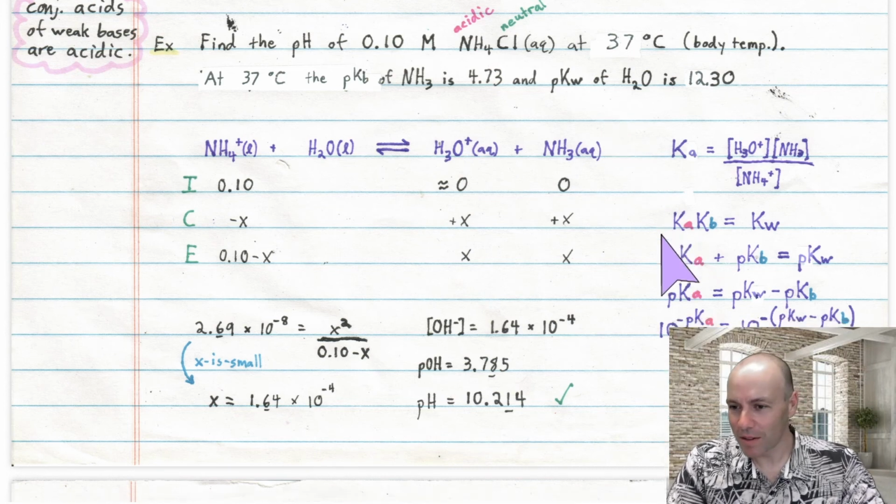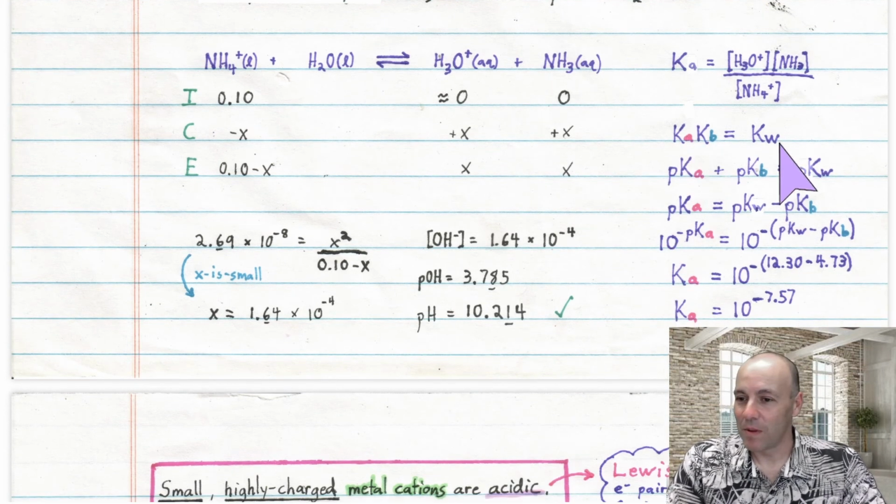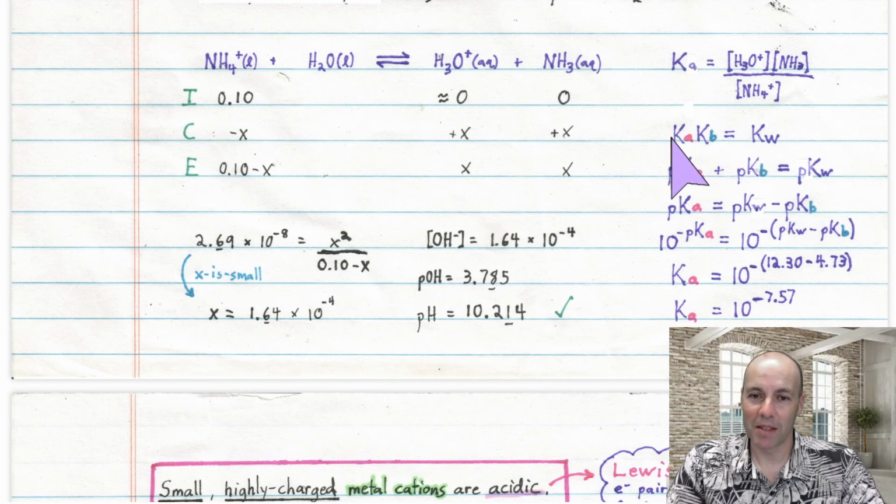Well, let's start with the relation between Ka, Kb, and Kw. If you take the negative log of the left side and the right side, then the left side is the negative log of a product. So that's the negative log of the one plus the negative log of the other. And the negative log of Ka is pKa. The negative log of Kb is pKb.